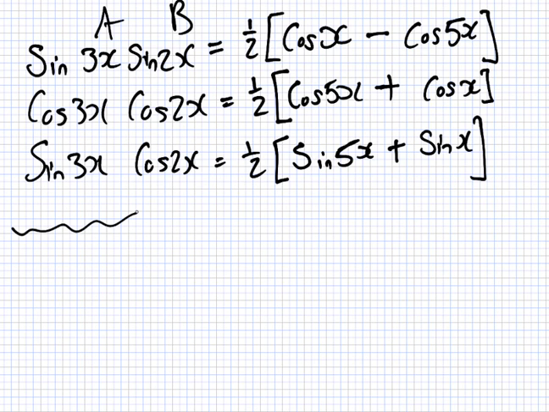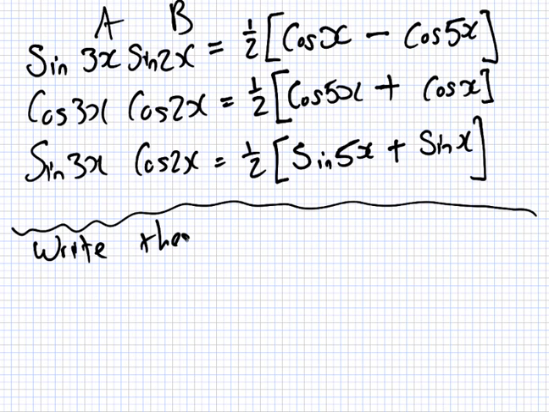Okay, next now. I'll give you a couple to try, but this time I want you to go backwards. I want you to write these as a product. Well, I'll just give you one to start with.